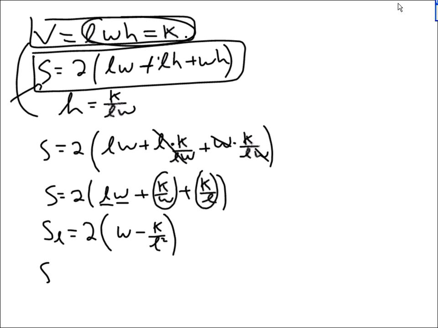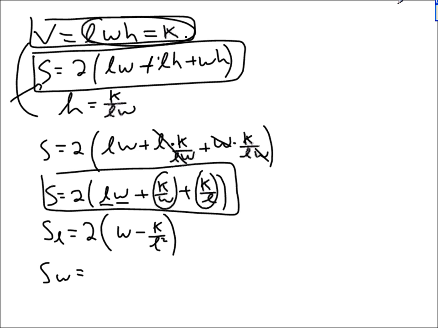That's SL. Now, SW. Well, look at S. If you interchange L and W, you get the same answer. You interchange W and L, you get plus those two terms. So it's just 2 times L minus K over W squared.